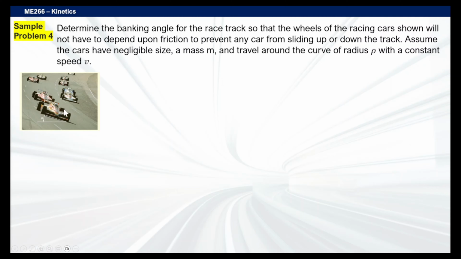This is primarily due to the geometry of the racetrack itself, not relying on the friction between the tires and the racetrack. So we have to assume that the cars have negligible size and the mass m, and travel along the radius of curvature, which is represented by rho, at a constant speed of v.